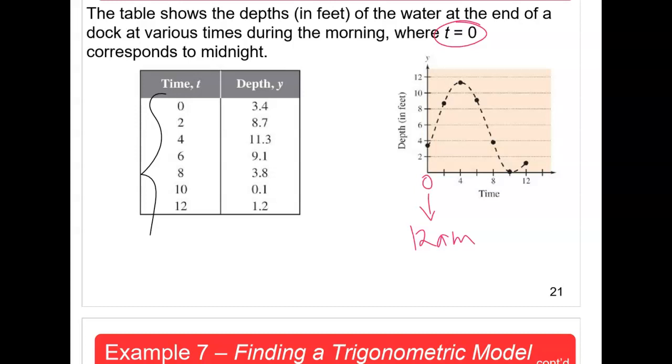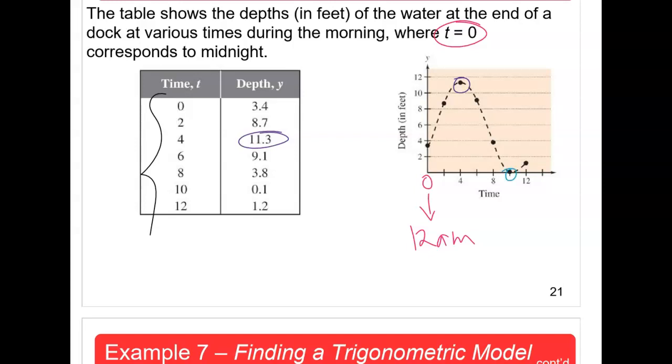So based on that information, we're going to construct the equation, or the trigonometric model. If we look at our table or at our graph, we can see that the maximum y value here is 11.3, which is representing this point. The minimum y value is here.